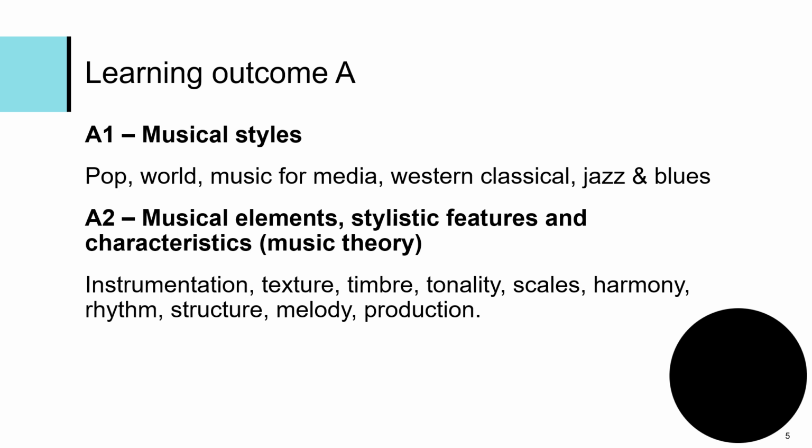What we want them to be able to do is to say how those musical elements are being used stylistically in the genres that they have chosen to look at. So how are texture and structure and melody used in a piece of Baroque music, and how are those elements used in a piece of reggae music, for example.